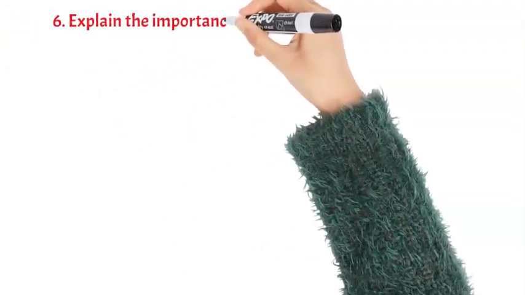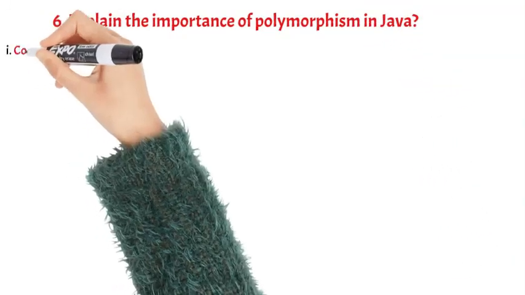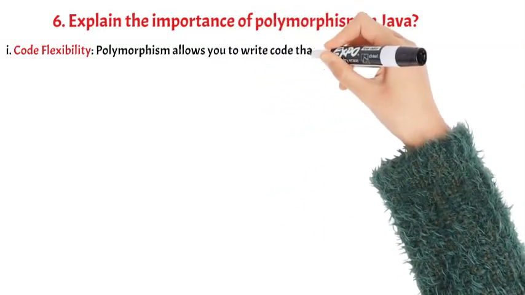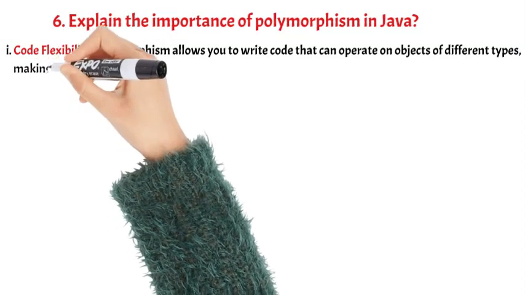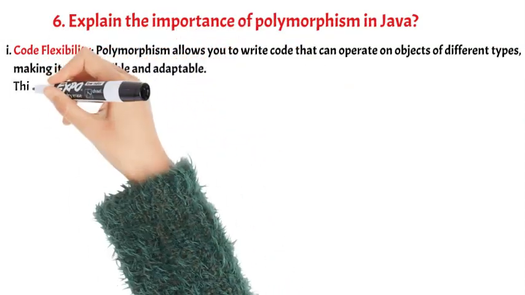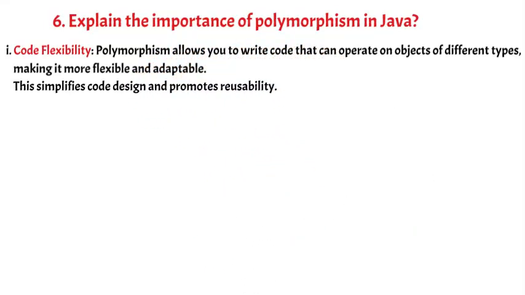6. Explain the importance of polymorphism in Java. 1. Code flexibility. Polymorphism allows you to write code that can operate on objects of different types, making it more flexible and adaptable. This simplifies code design and promotes reusability. 2.